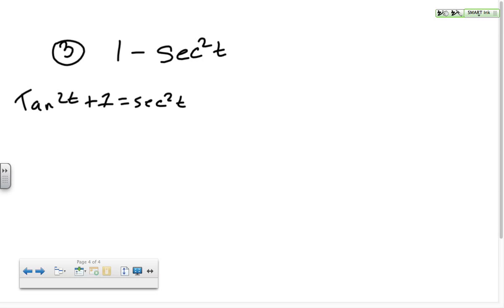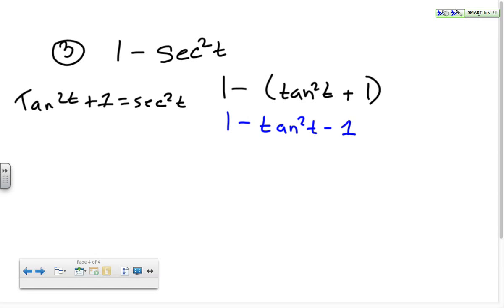Okay, so we're going to replace the secant squared t with tangent squared t plus 1, right? Okay. And so now that we've replaced that, we're going to distribute, and we end up with 1 minus tangent squared t minus 1. Okay. These cancel out, and I'm left with negative tangent squared t. And that is my answer. I can't simplify that any further.